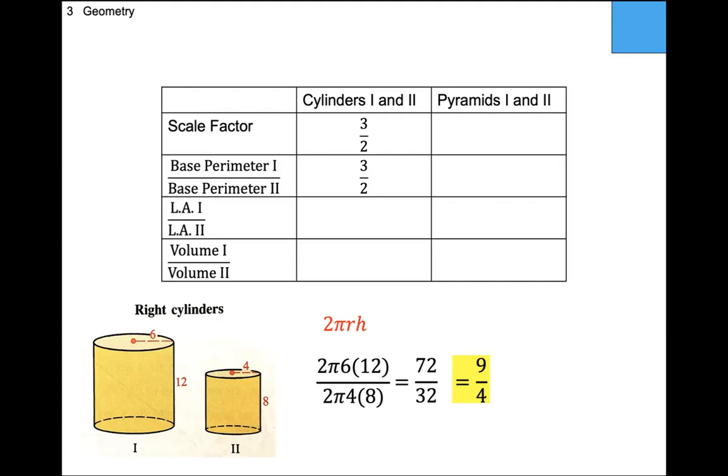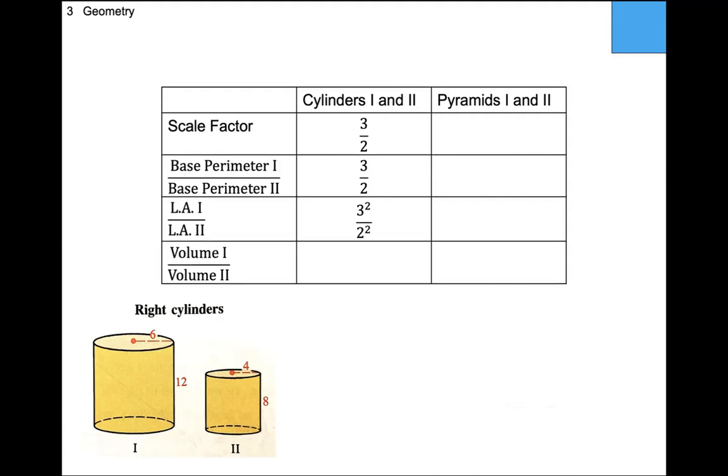Well, that's not 3/2, but check this out. 9 can be written as 3 squared, and 4 can be written as 2 squared. So I do get 3/2, but it's squared.